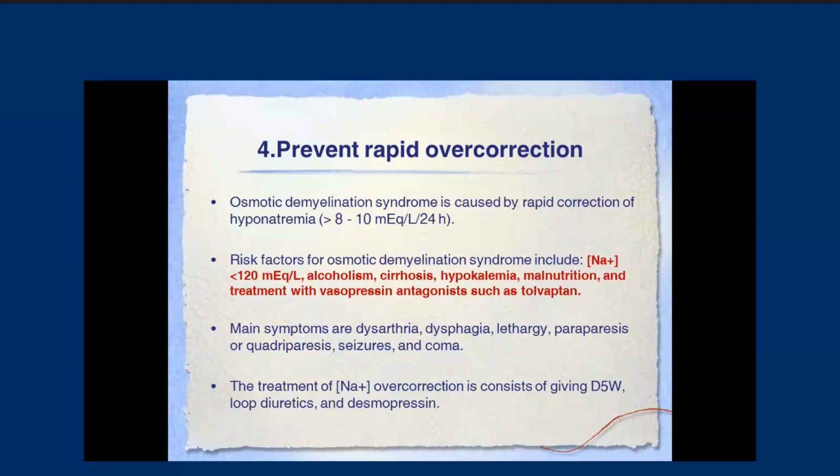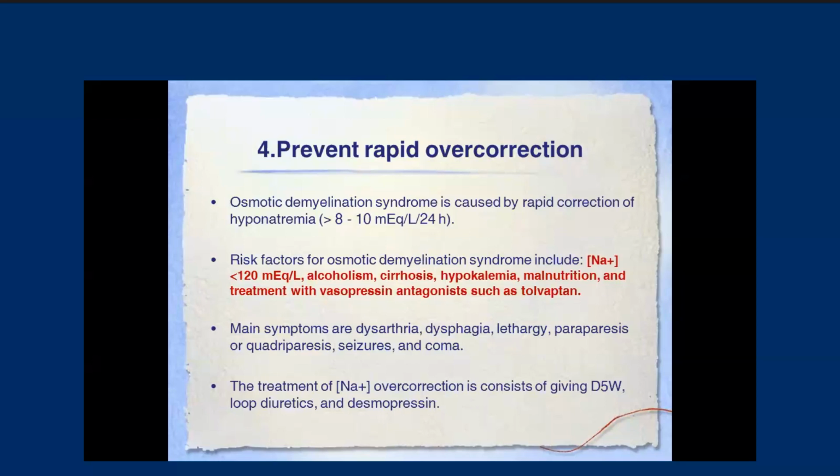So when there is a sudden increment in the sodium level, there will be subsequent movement of water as well as solutes from the brain cells into the extracellular fluid, which will result in significant injury and shrinkage of the brain cells, which will end up in osmotic demyelinating syndrome.